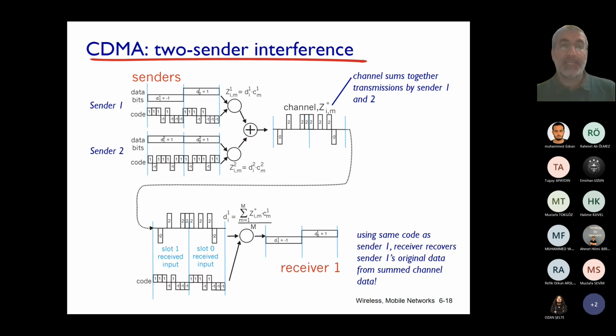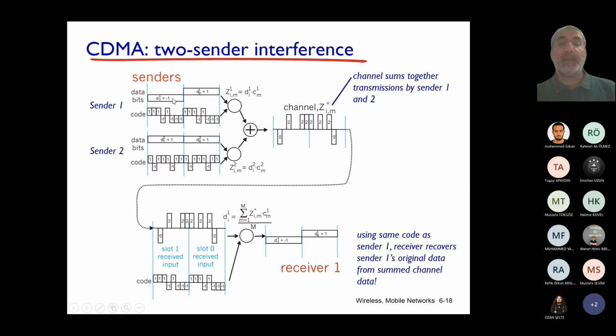When you say orthogonal, you multiply 1 minus 1, 1 minus 1, 1 minus 1. If they are orthogonal to each other, when you multiply, it should end up with 0.